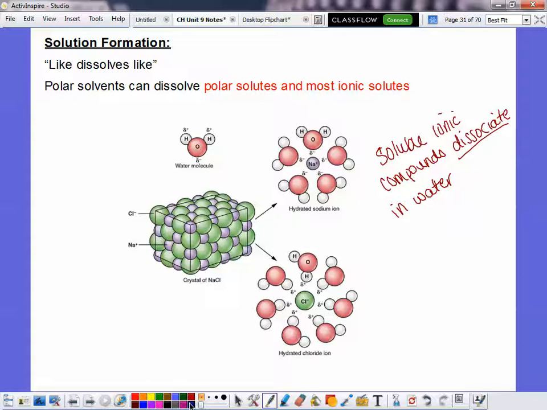Dissociate means to break up into ions. If the ionic compound will dissolve in water, that's what it does. It breaks up into ions.